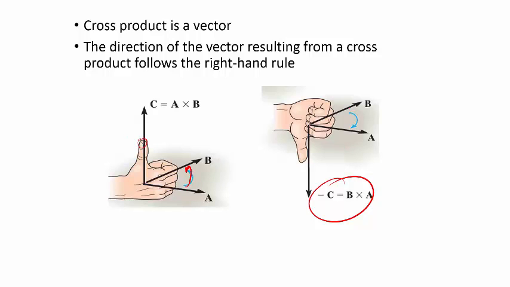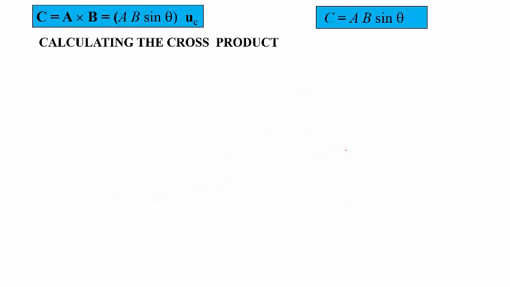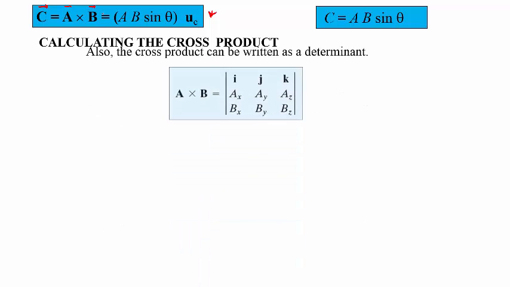And then this is from B to A using your fingers, and gives you a negative C. So if we look at the cross product, all these are bold, so these are vectors. Okay, so calculating the cross product, you do the determinant i, j, k, ax, ay, az, bx, by, bz.